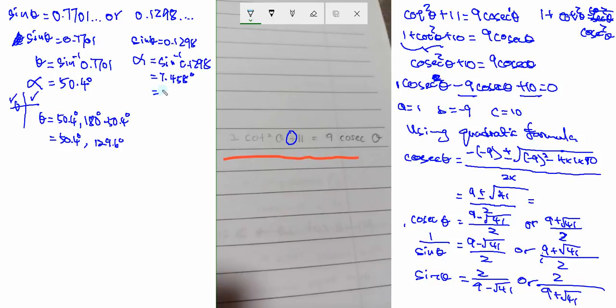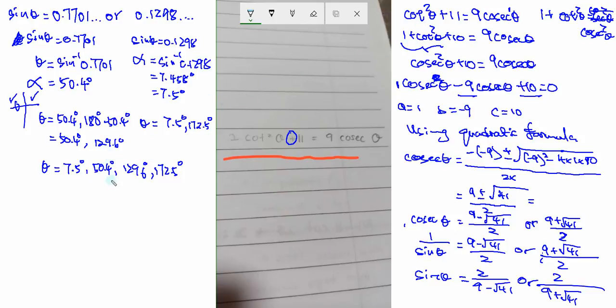Taking one decimal place, it is 7.5. Similarly, this is also positive, so it's in the first and second quadrants. So the angle is 7.5 and also 172.5. Combining both, it's 7.5, 50.4, 129.6, or 172.5.